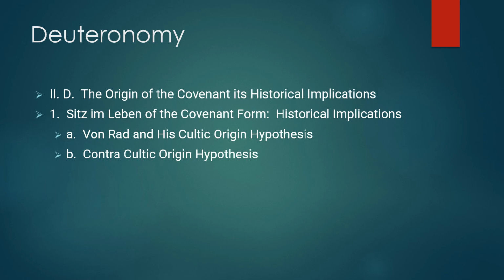Now, I would say, and others have said it, I'm not saying anything new in this regard. In fact, I'll appeal to an article by J. Thompson. There's good reason to conclude that a cultic origin hypothesis does not provide an adequate or complete explanation for the nature of the question of the form of Deuteronomy. Some sort of cultic origin hypothesis does not give an adequate or complete explanation for the origin of this form.